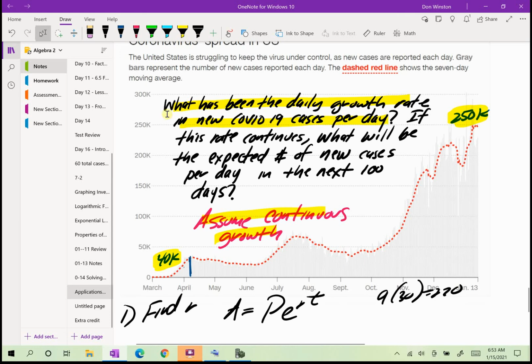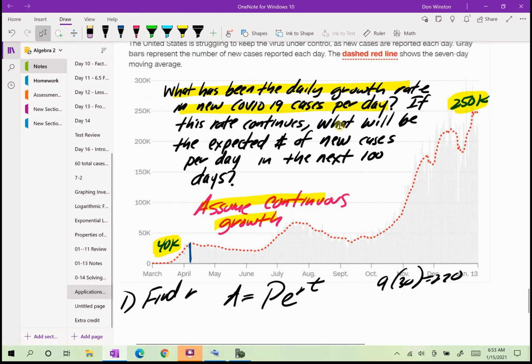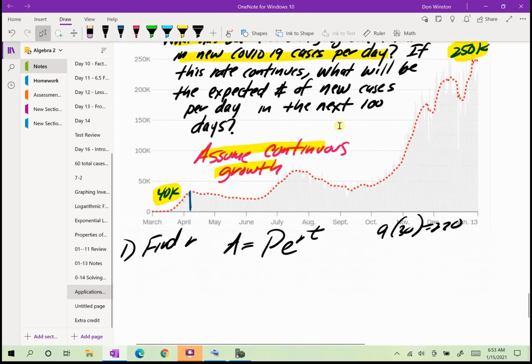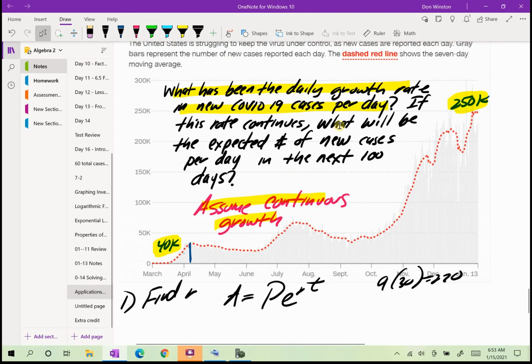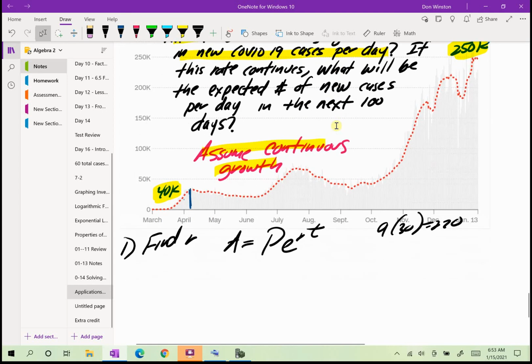We could ask this question: what has been the daily growth rate in new COVID-19 cases per day? So let's answer that. We're looking for R. We know that the future amount was 250,000 cases reported per day.